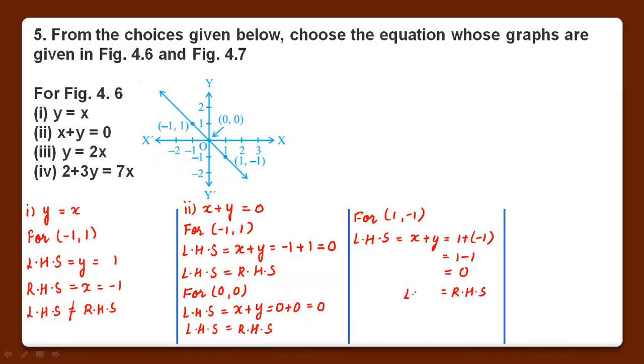So LHS is equals to RHS. Therefore we can write here, तीनों पॉइंट सेटिस्फाई होंगे, so x plus y equals to 0 is the equation for the given graph. Simply we can write this thing.